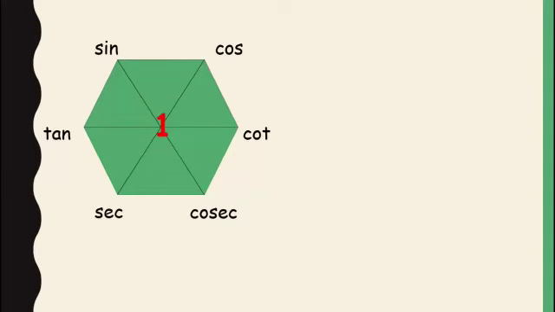Take 3 continuous functions in the hexagon, like tan, sin, and cos. Tan multiplied by cos will give us sin. So if 3 continuous functions are taken, the product of the first and the third function results in the function between them. We can say that tan theta multiplied by cos theta equals sin theta.